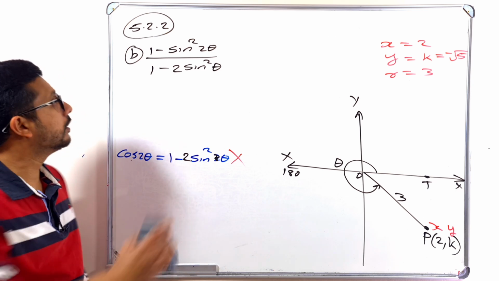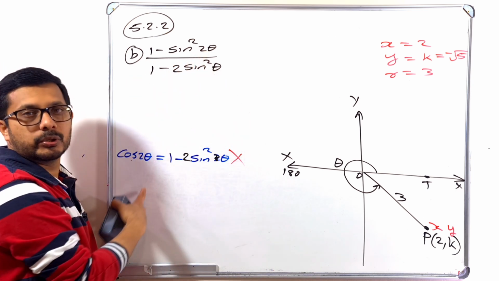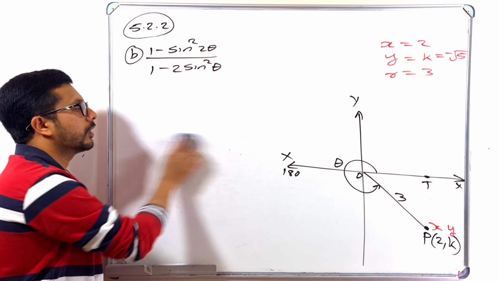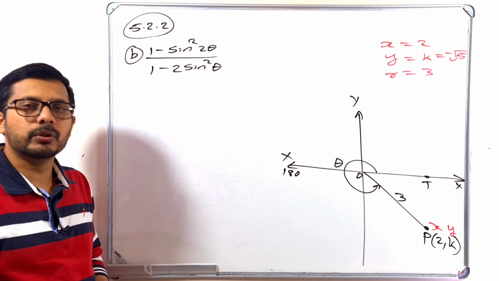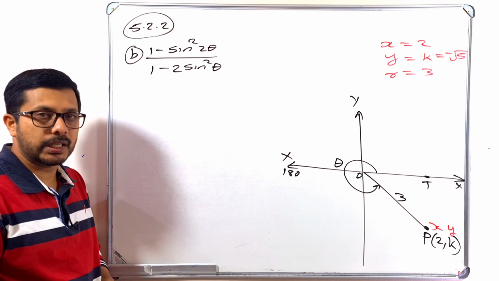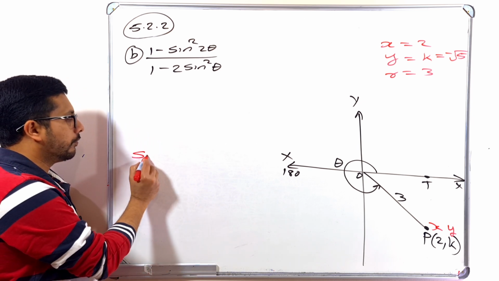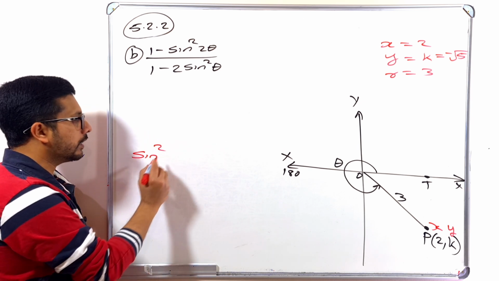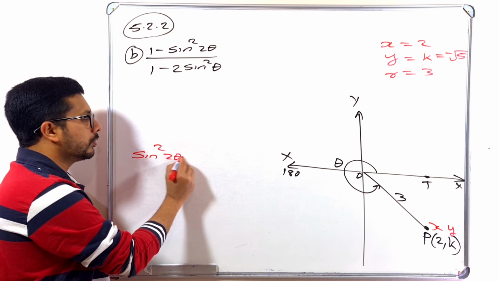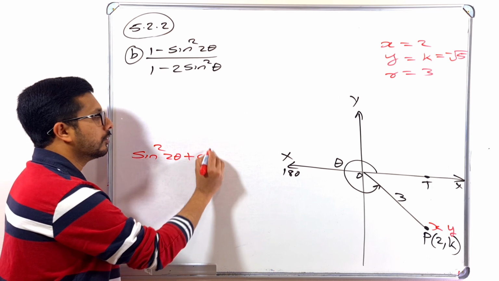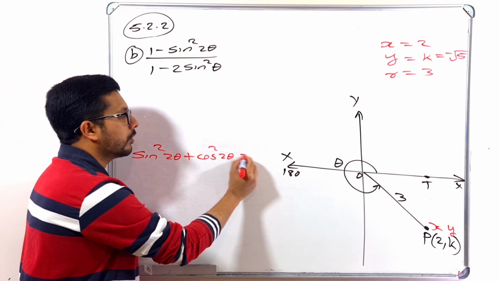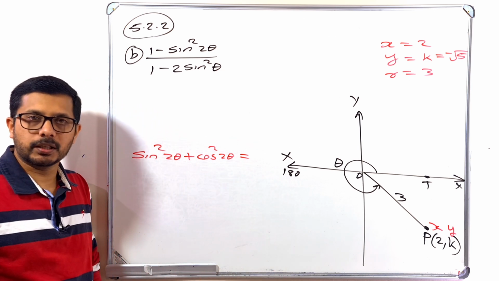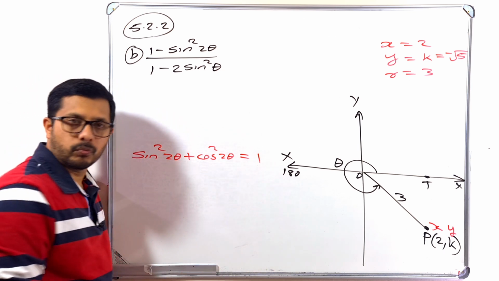1 minus sine square 2 theta. What is that? As I said, you must know the formula correctly without any mistake. The formula that you studied is sine square 2 theta plus cos square 2 theta. What is the answer? The answer is 1.